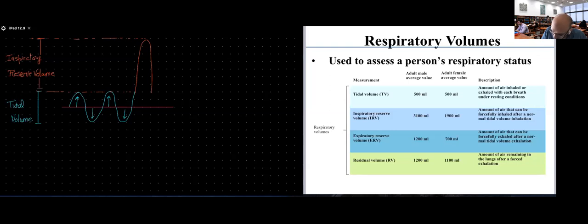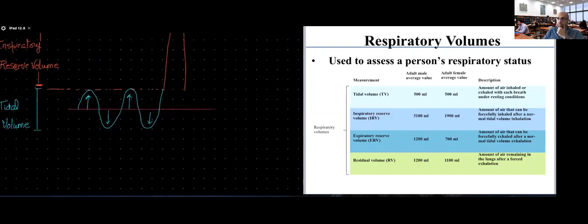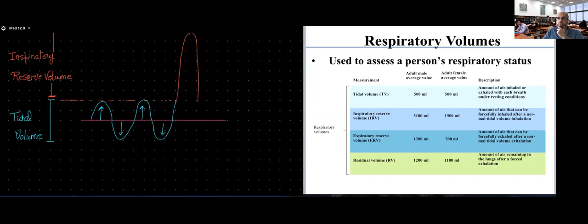This is the amount of air that you can breathe in more than the tidal volume. This is called again my inspiratory reserve volume. How about without having any maximal inspiration or expiration? Can I breathe out extra air more than the tidal volume?